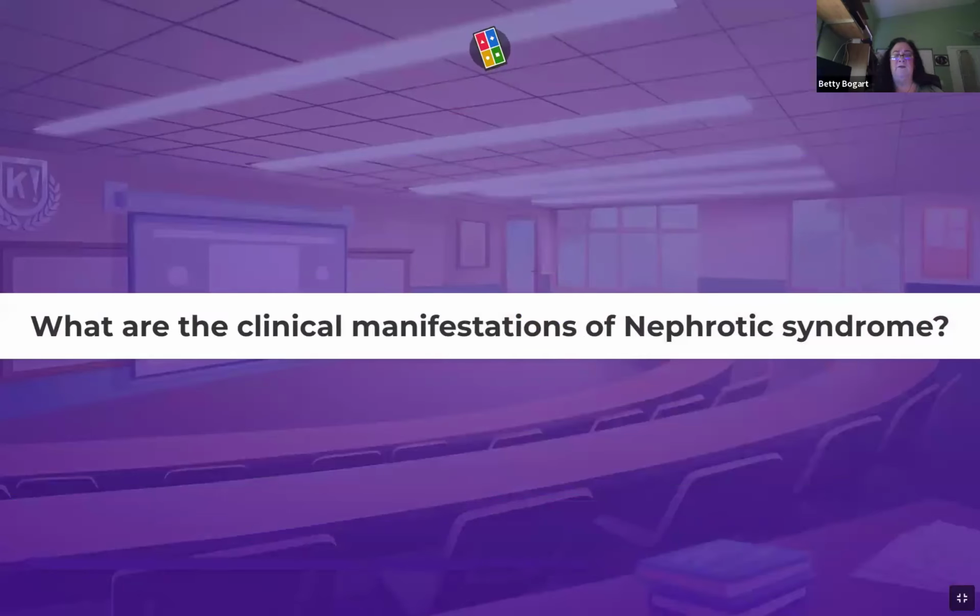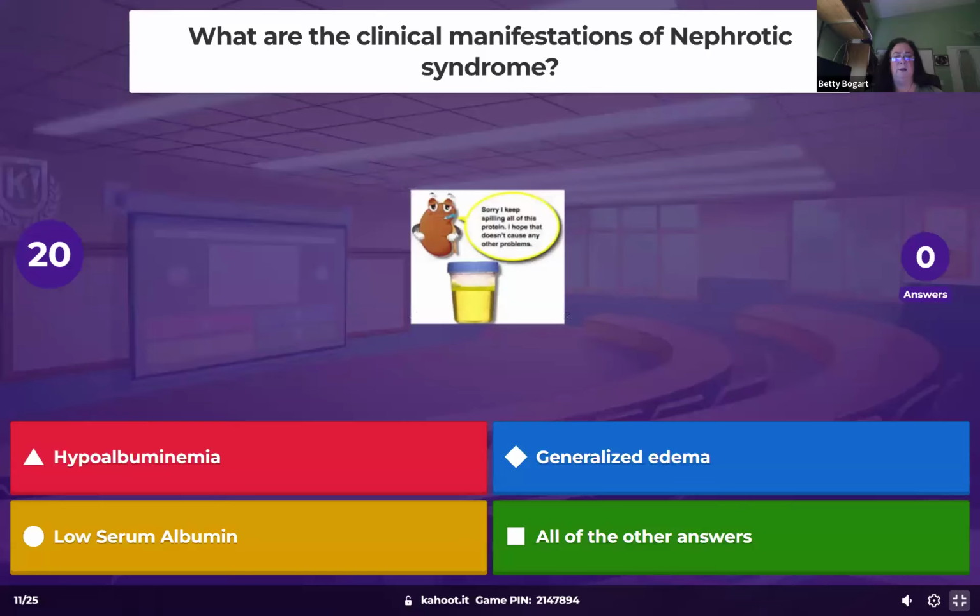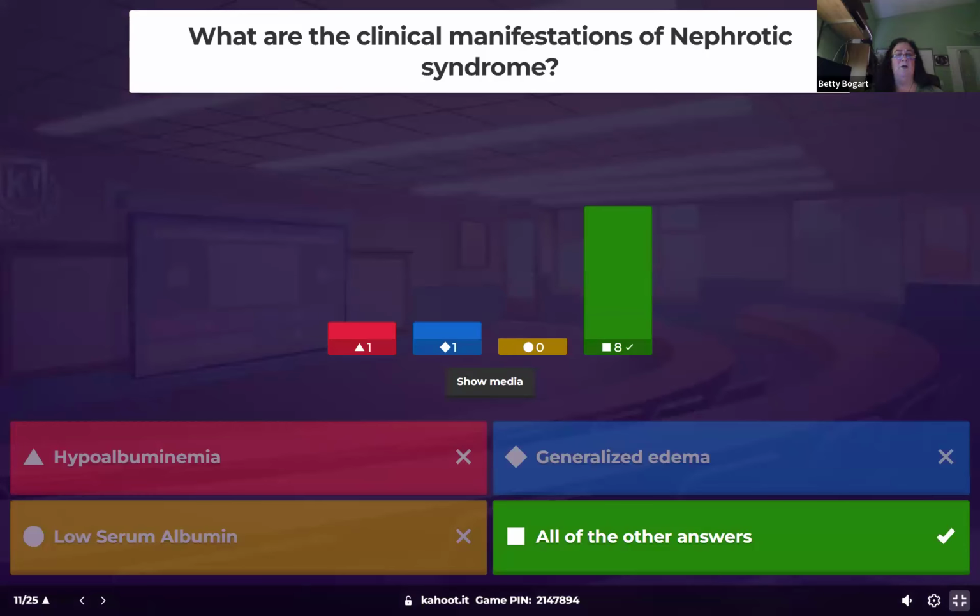What are the clinical manifestations of nephrotic syndrome? Remember, nephrotic syndrome has nothing to do with kidney failure. Nothing. So remember, nephrotic syndrome, the kidneys are working just fine, but they don't like protein.